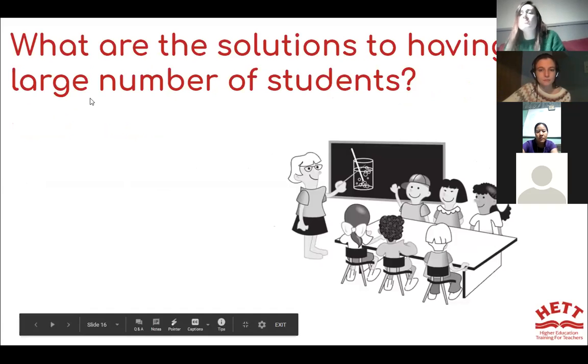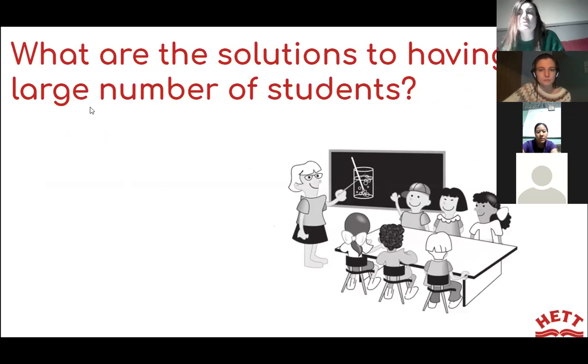So about those problems, what are some possible solutions to some of the problems of large classrooms? What can you do to try to minimize the problems with having a large number of students?